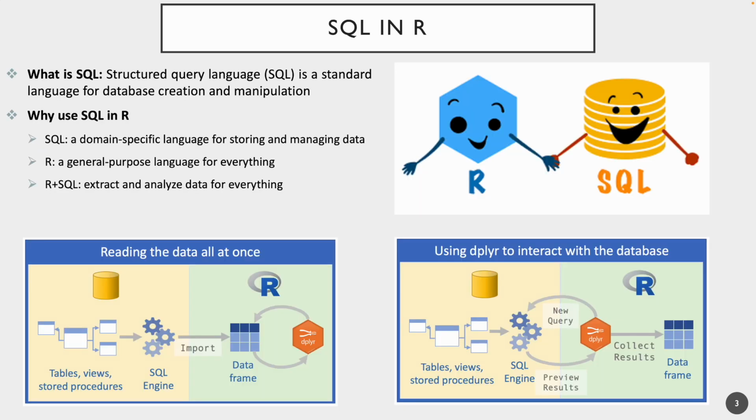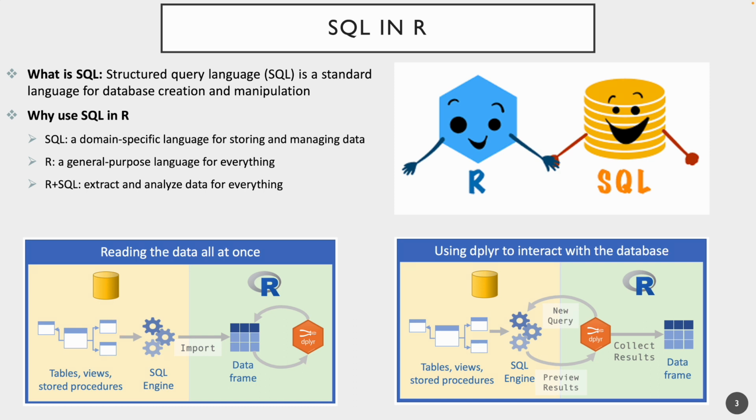So let's first talk about what is SQL. As we know, SQL is short for Structured Query Language, which is a standard language for database creation and manipulation. So basically, why do we want to use SQL in R, since we can already handle data pretty well in R? That is because SQL is a pretty domain-specific language designed for storing and managing data.